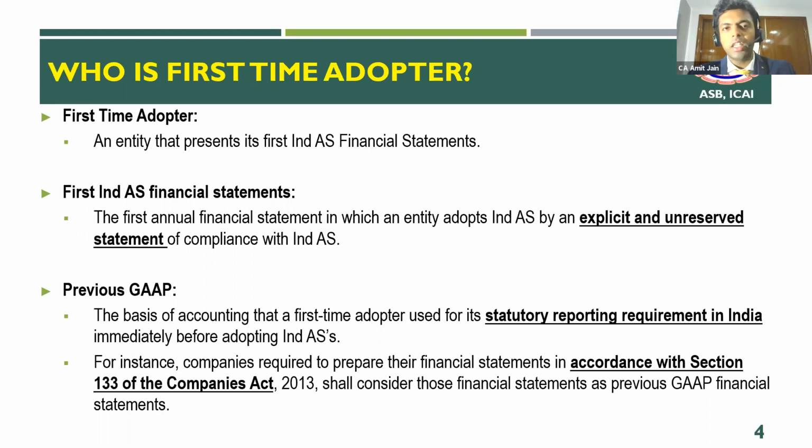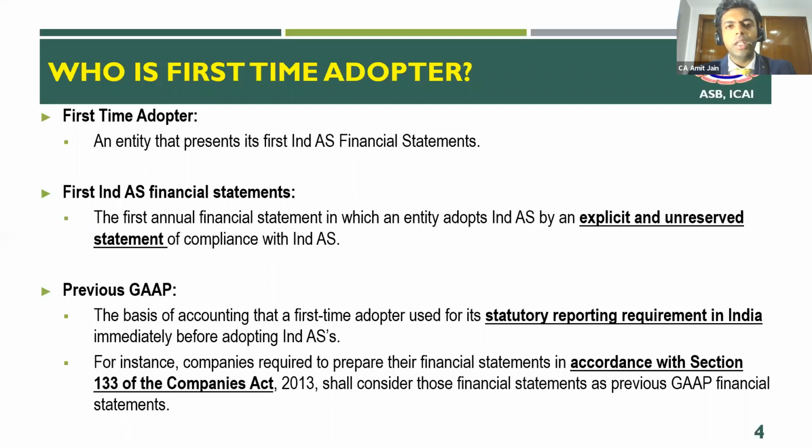Now the question arises, what do you mean by the first IND-AS financial statement? A first IND-AS financial statement means when a company in its first IND-AS financial statement clearly mentions that the company has adopted IND-AS by an explicit and unreserved statement of compliance with IND-AS, then it is considered to be a first IND-AS financial statement, right?